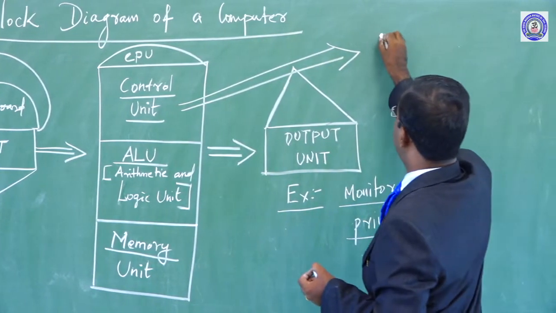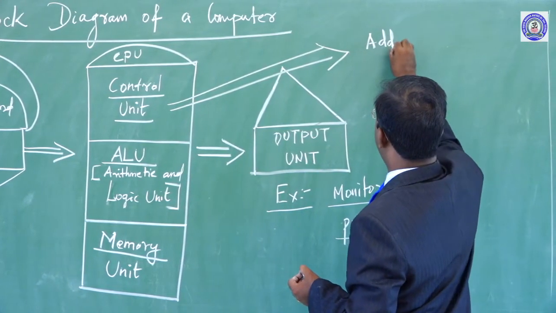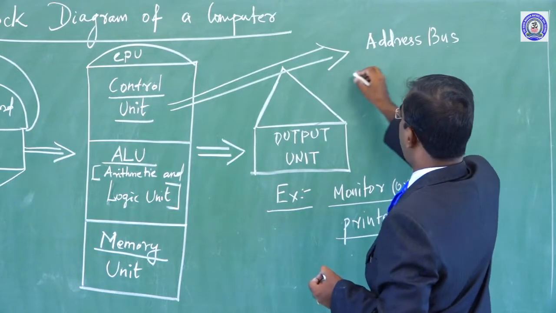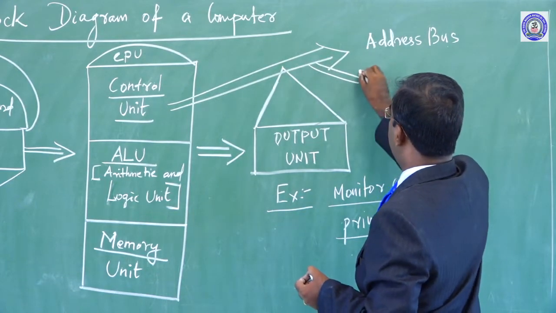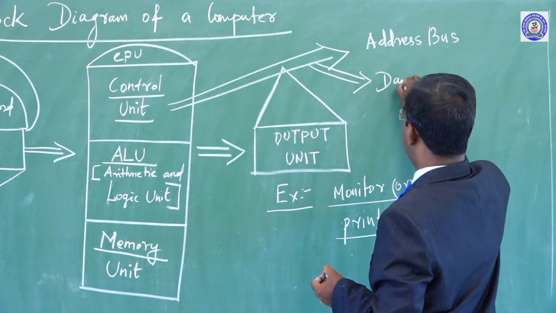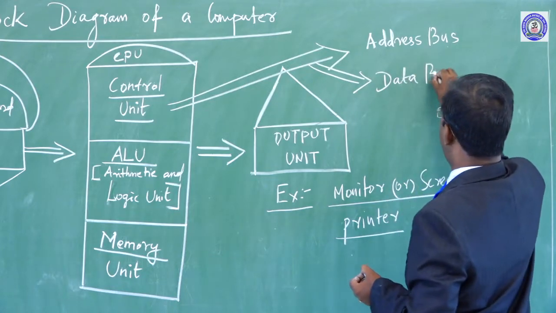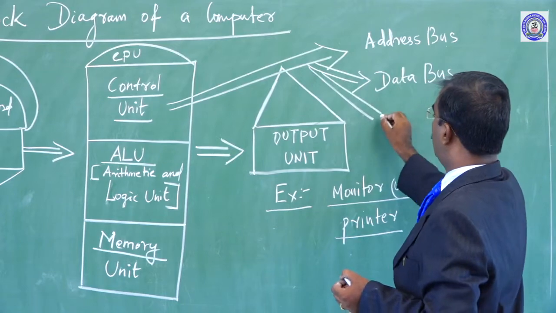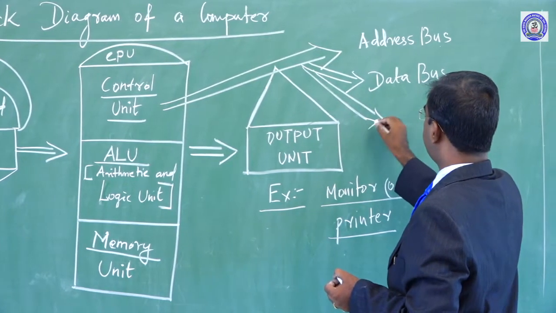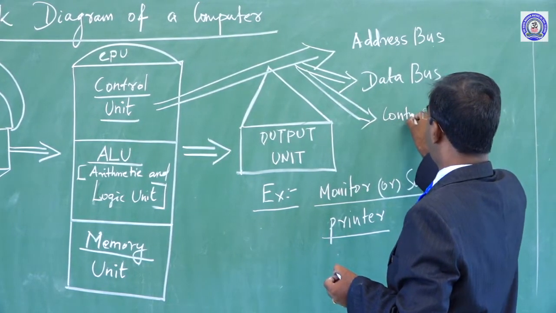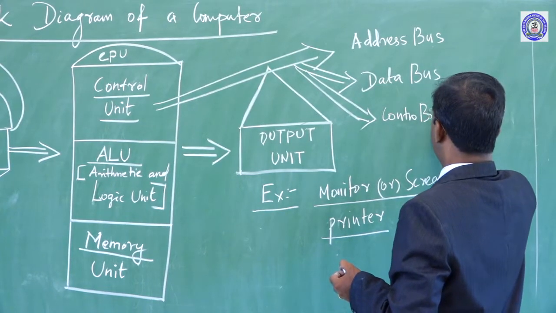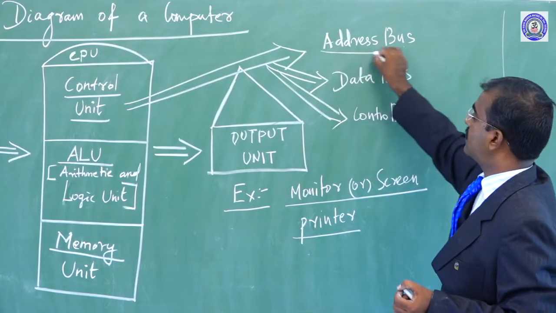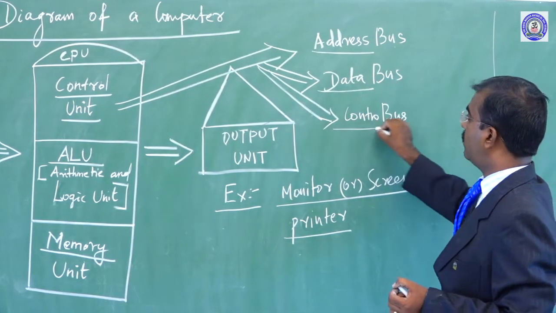First one is the address bus, and then the data bus. The third one is the control bus.